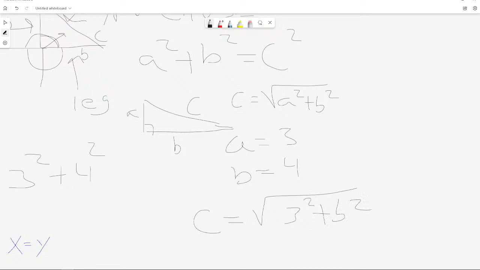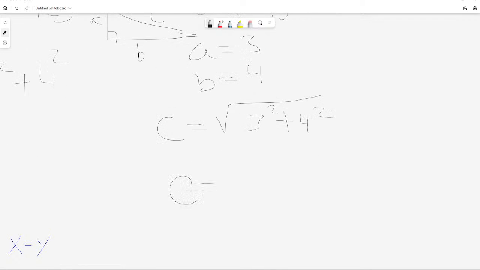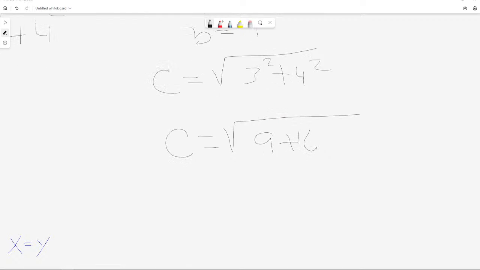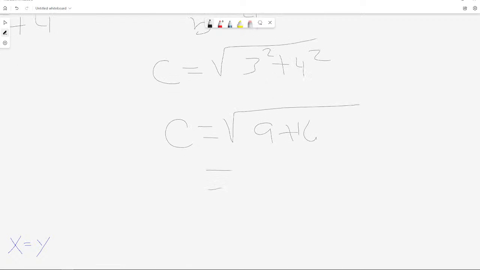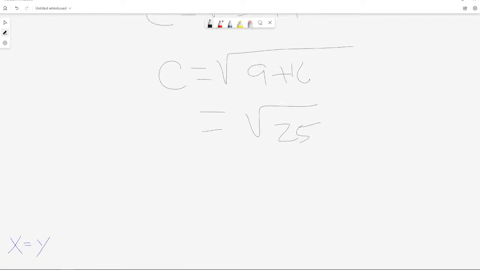Oh, b squared is 4. So we know that 3 squared is 9, 4 squared is 16, 9 plus 16 is 25. And the square root of 25 is 5. So c is equal to 5.